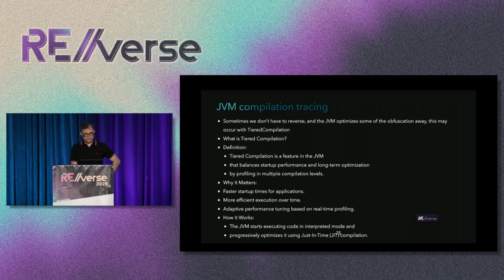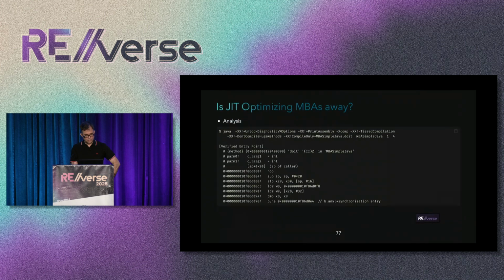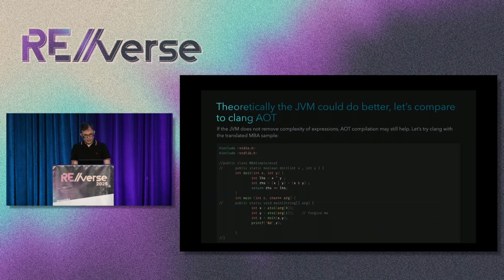JVM compilation traces. The JVM comes with a couple of runtime modes, and you can hook that with a disassemble hook, and there you can see what's going on. For example, if we run our MBA sample, we find our instruction again, but it's not optimizing anything away.